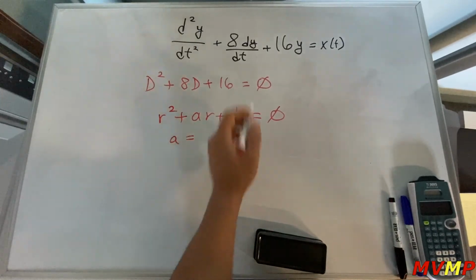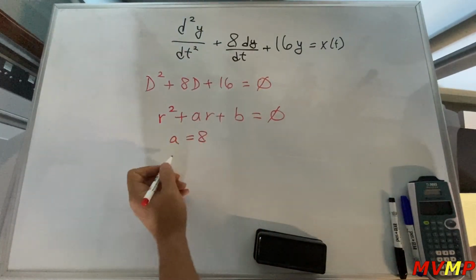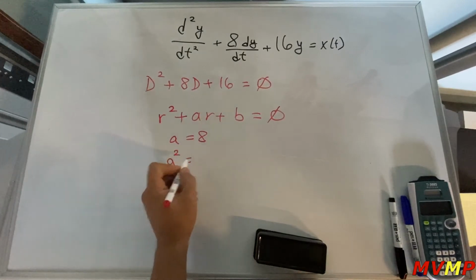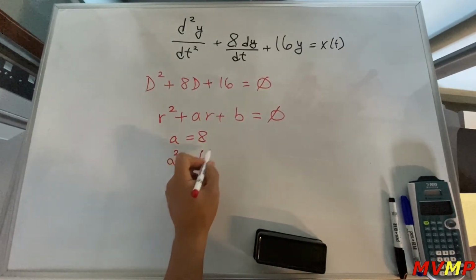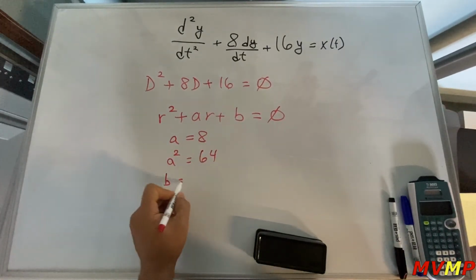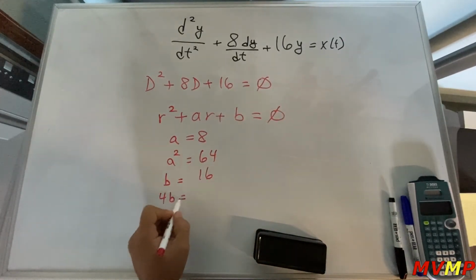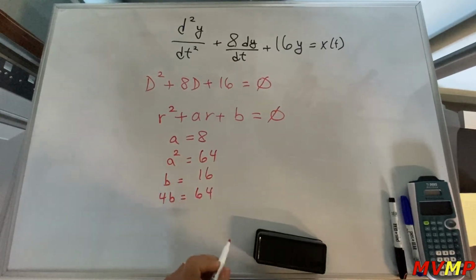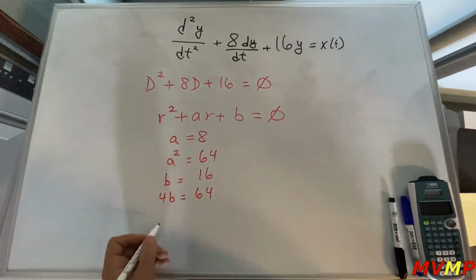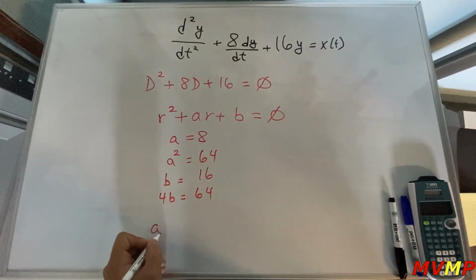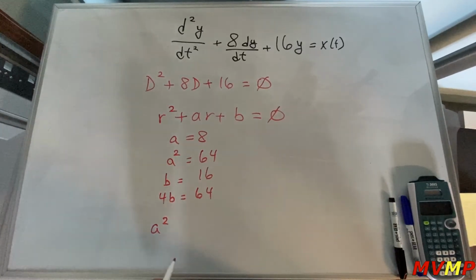So our a in this is an 8. Our a squared is 8 times 8, 64. Our b is 16. And our 4b is 64. Here what we do is we compare a squared with 4b.